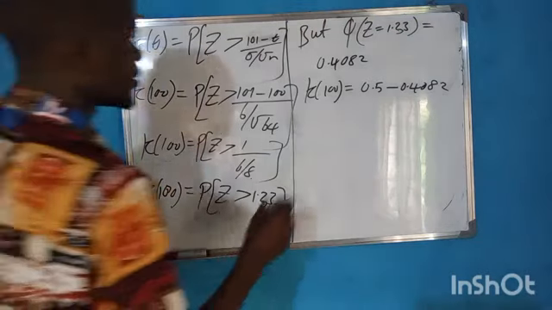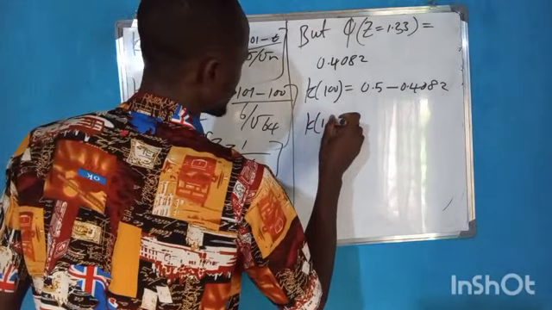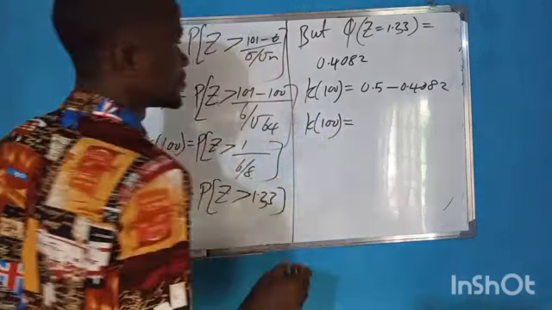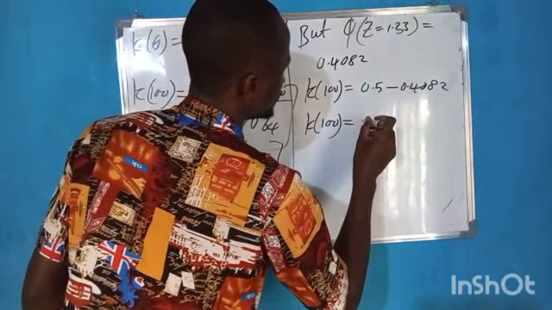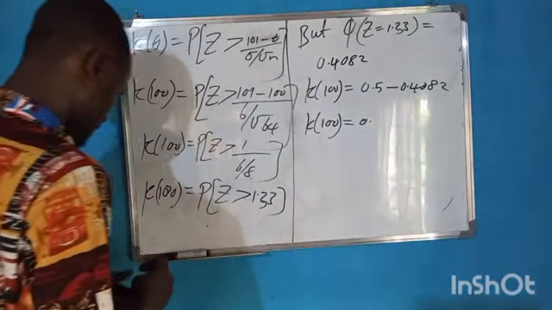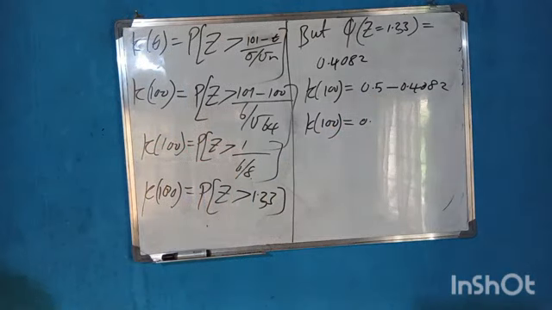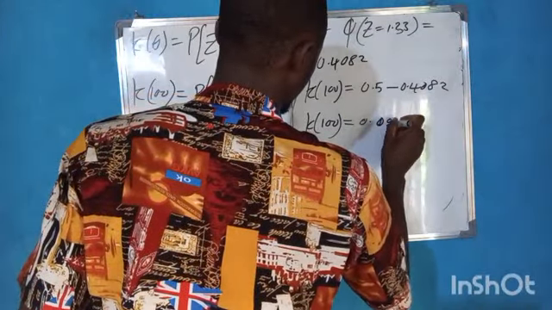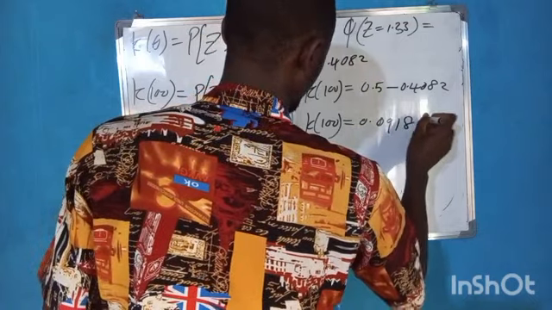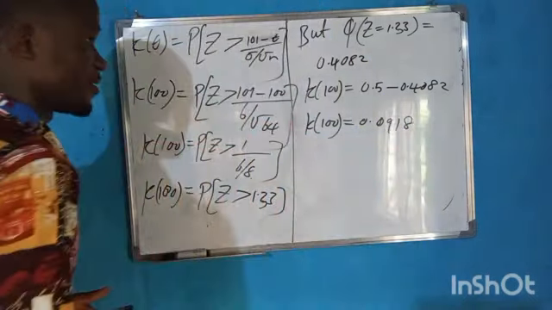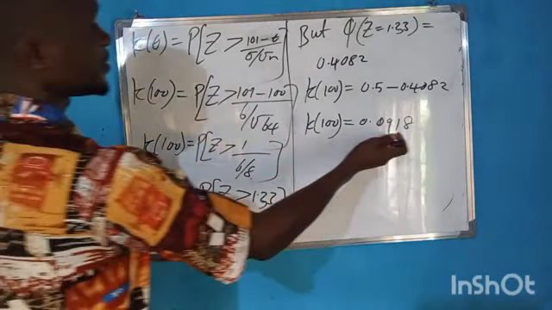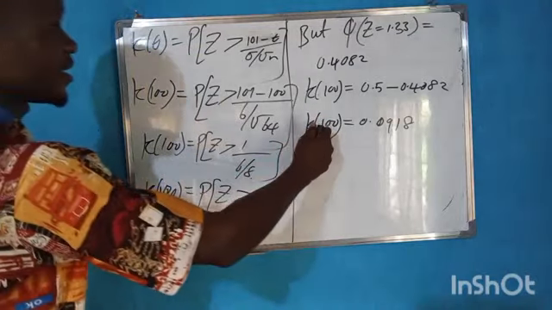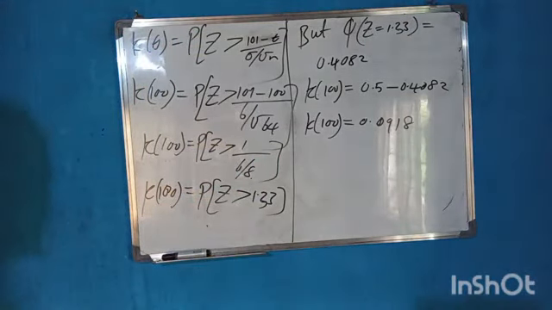So K of 100 is equal to 0.0918. This is the power of the test at parameter theta equal to 100.